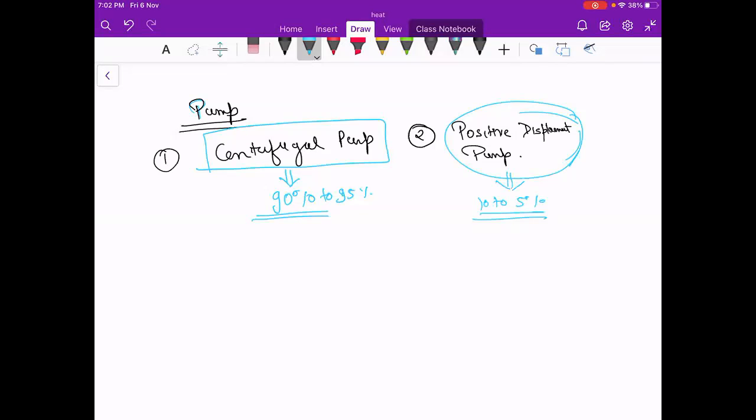Tell me where we use a positive displacement pump. I'm not asking about the screw pump, gear pump. Don't tell me this.